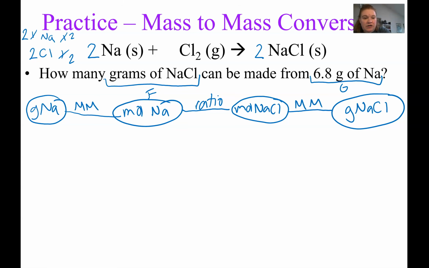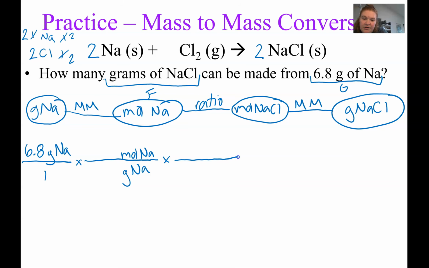So I'm going to start with my given, 6.8 grams of sodium. And I'm going to fill in my conversion factors like I like to do. Grams of sodium, moles of sodium. Those are our conversion factor units for a molar mass. We'll look at our periodic table here in a second. And then I'm going to use my ratio.